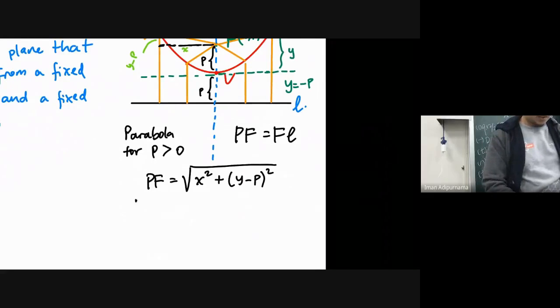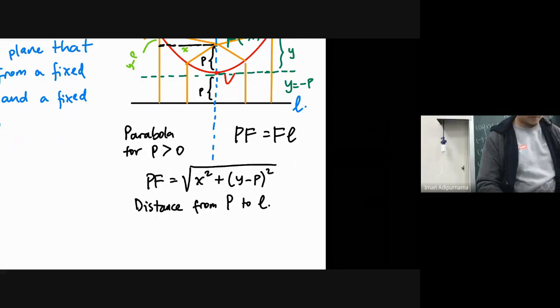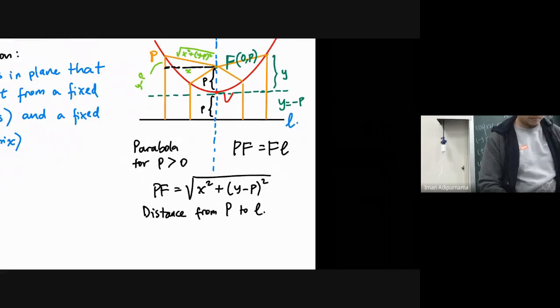And the distance from point P to L, we can say that this is y minus b.